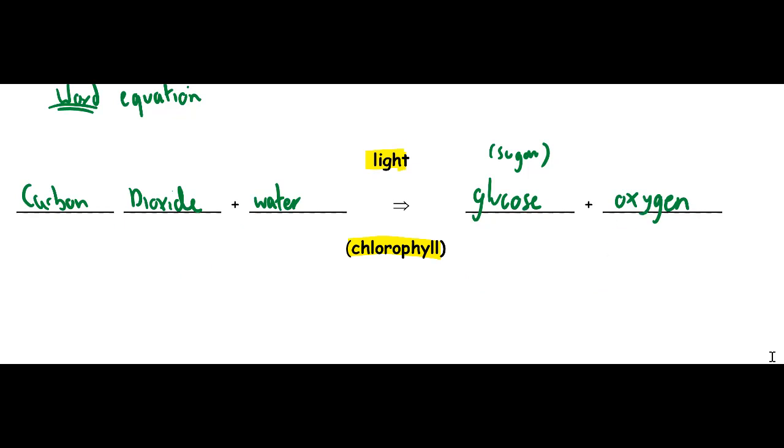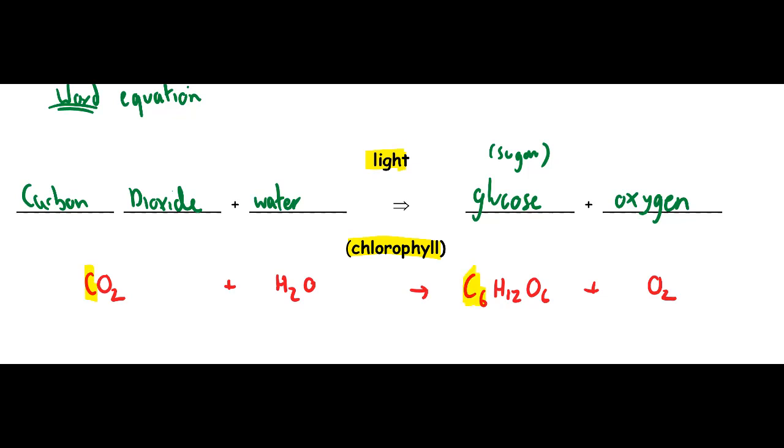Now with that as well, we need a balanced symbol equation. So in this, it's carbon dioxide plus water produces glucose, which is C6H12O6, plus O2. Now, to balance that up, we need to make sure we have the same number of carbons on each side.